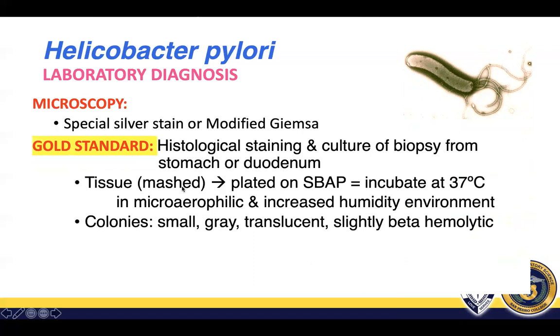We grind it, take a sample of that tissue and plate it on sheep's blood agar, incubate it at 37 degrees Celsius under microaerophilic conditions and increased humidity. Eventually, colonies would grow, showing small, gray, translucent characteristics that are slightly beta hemolytic.